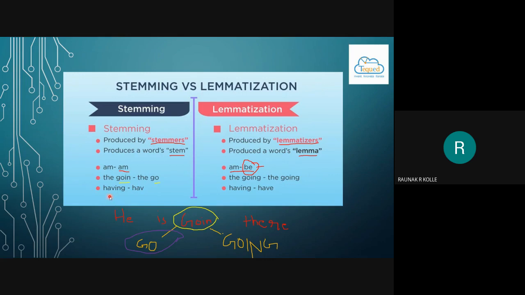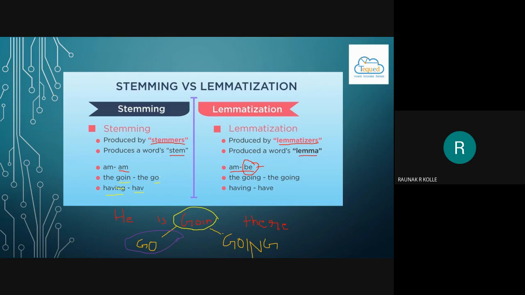Similarly, we have the word having. Now, this is an interesting example. The word having, when given to a stemming algorithm, removes the suffix ing and we have the word HAV.